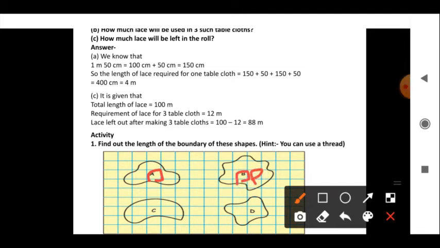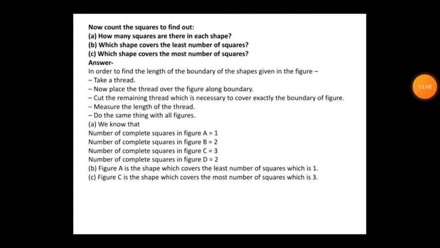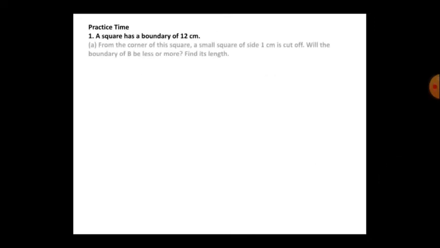There are 2 complete squares. In figure C, there are 3 complete squares. In figure D, only 2 complete squares. So figure A is the shape which covers the least number of squares, which is 1. Figure C has the most.